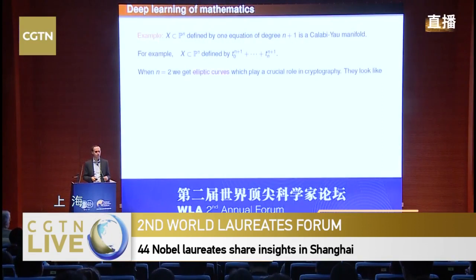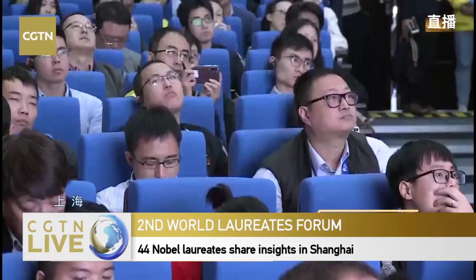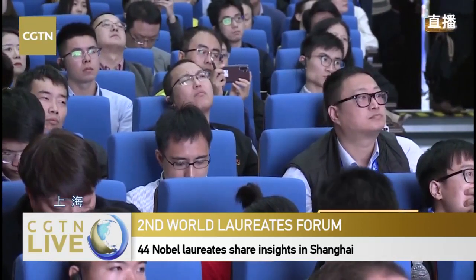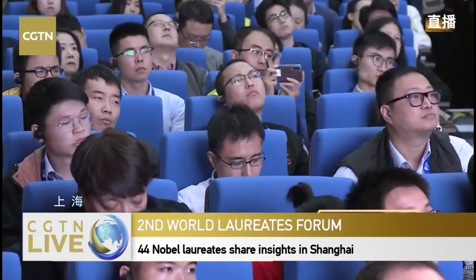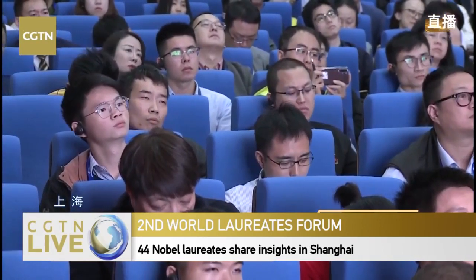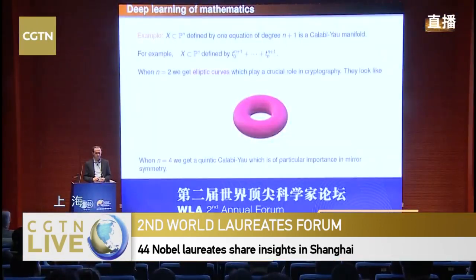There are some examples. You can take a look at this function. This can give you some more understanding. It's a formula, and by adding n and 1, you will be able to get this geometric structure. And when n is equal to 2, in particular, this geometry will change, and it's an elliptic curve.